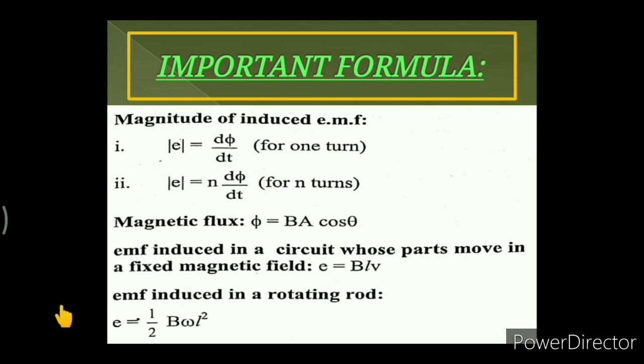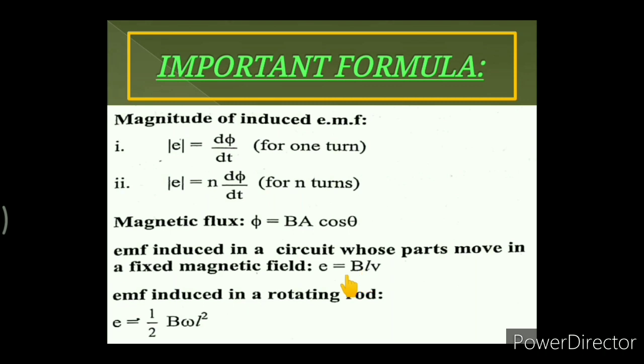After that, we had seen the EMF induced in a circuit whose parts move in a fixed magnetic field, which is given as E is equal to BLV, where B is the uniform magnetic induction, L is the length of the conductor, and V is the velocity with which the conductor is moved in this magnetic field.